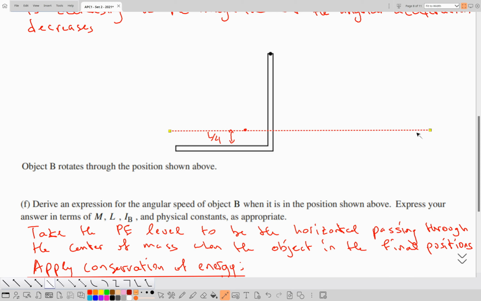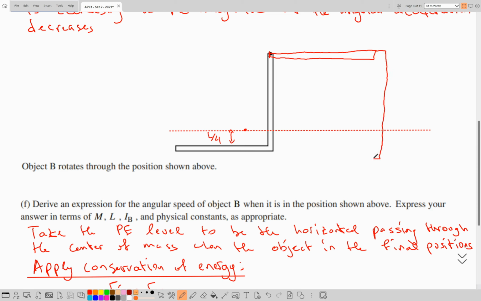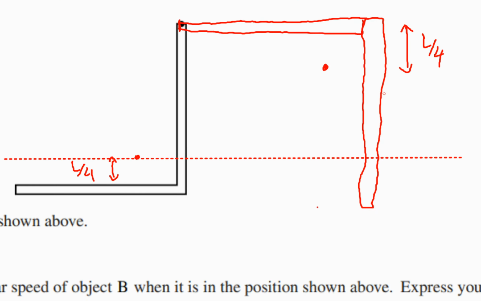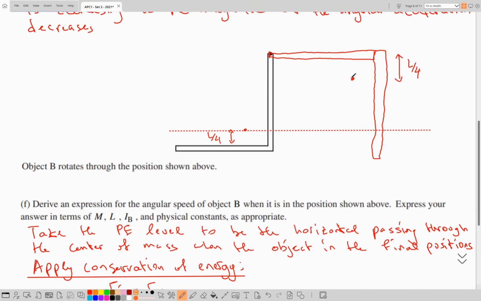Now we need to find the initial position of the center of mass. It's not always horizontal, pay attention. The rod was something like that. The object, sorry. And the center of mass occupies this quarter, which is a distance also L over 4, because the vertical distance is 3L over 4.